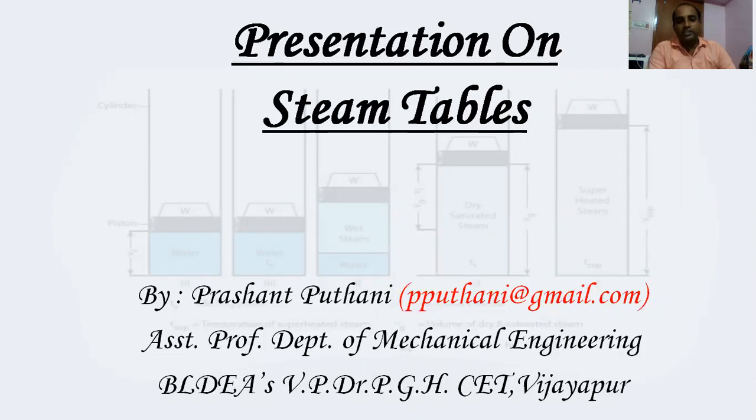So in today's session we will be discussing how the various properties of the steam are extracted from the steam table, and how they can be used for solving problems on the formation of steam. As we go on to the next slides, we'll be discussing how we extract the properties of the steam from the steam table, and which are the different properties available in the steam table.